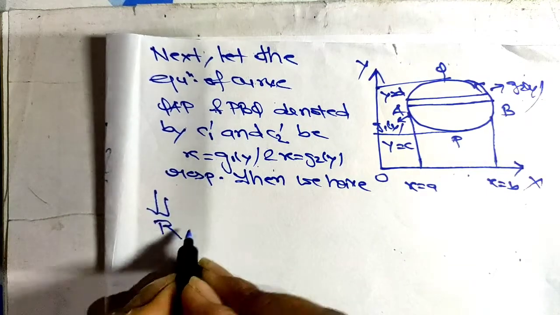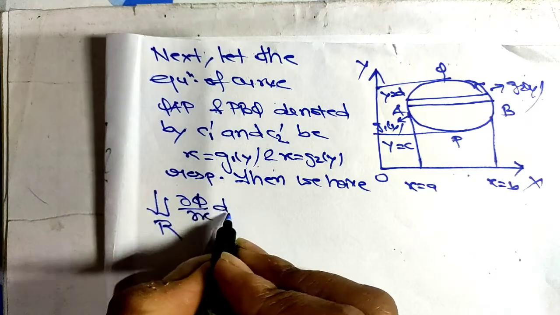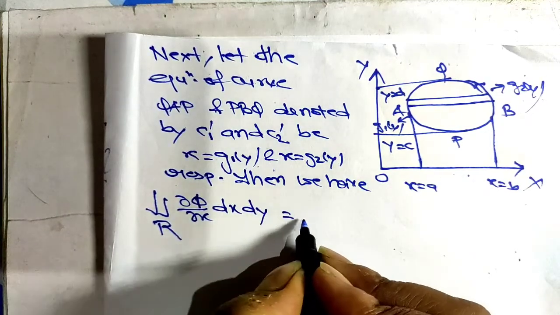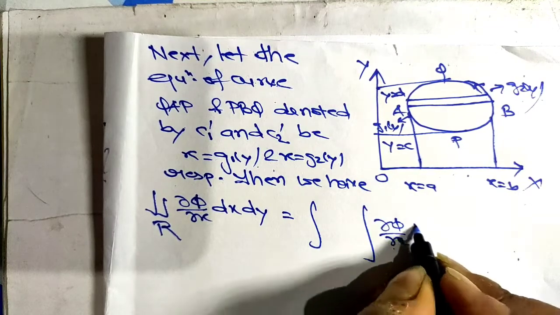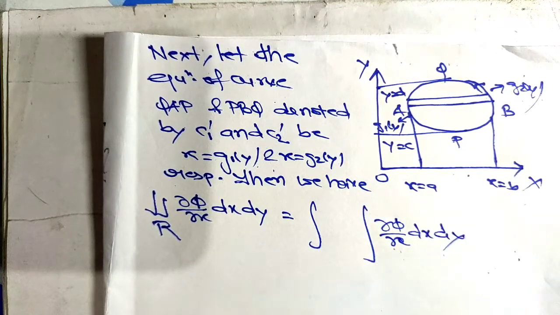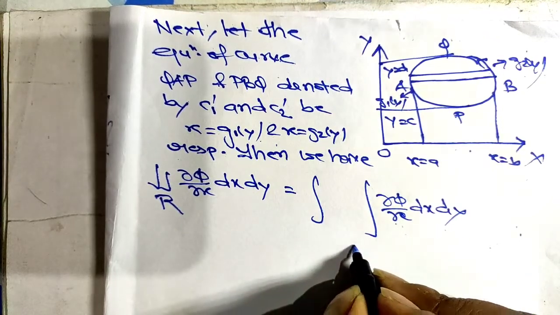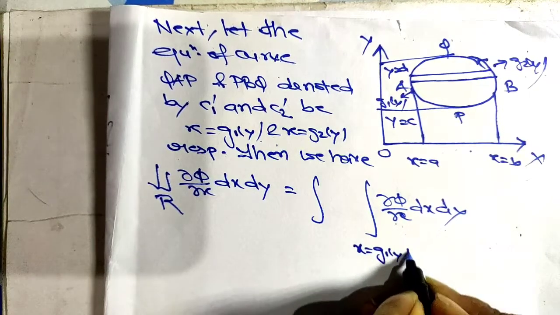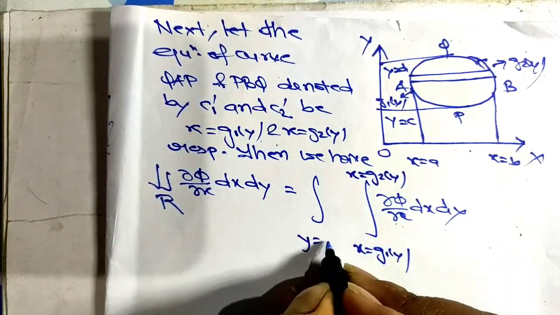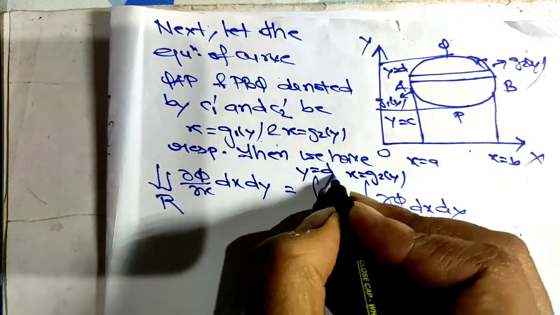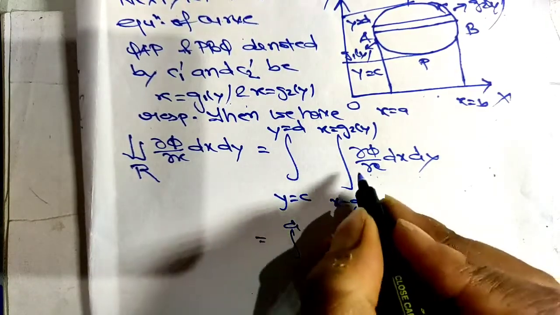Now we are going to find the double integral over R of ∂φ/∂x dx dy. Now we are integrating with respect to x here. So x runs from x = g1(y) to x = g2(y), and y runs from c to d.